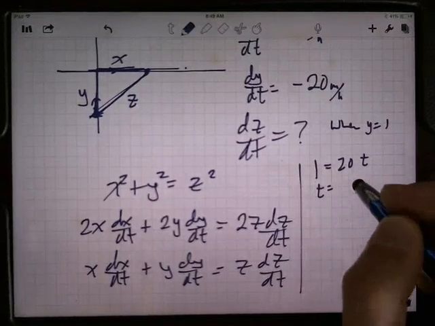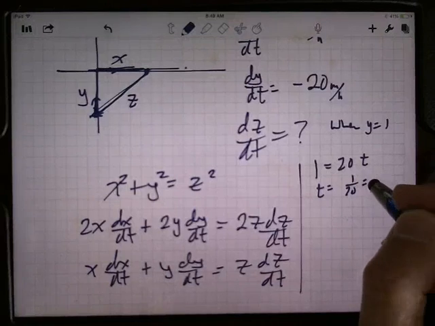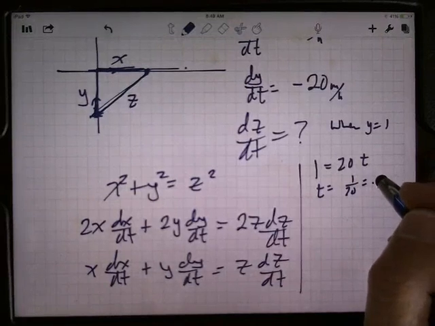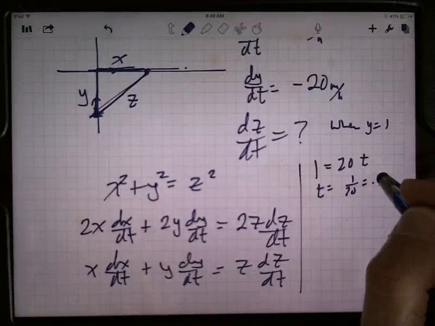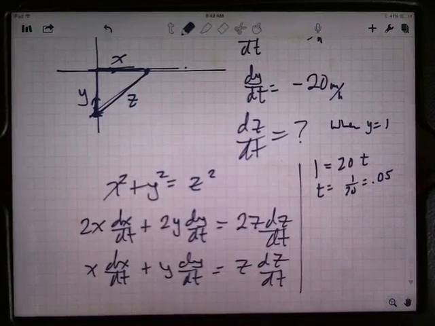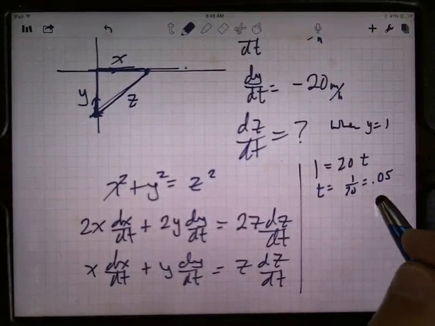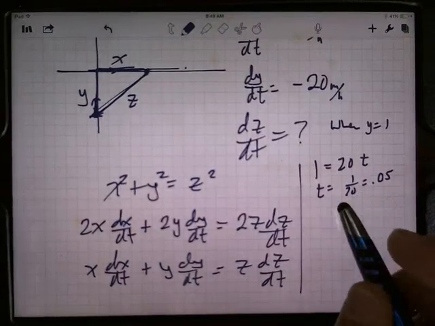So t is equal to 1 divided by 20, which is 0.05. I could just leave it as 1 divided by 20. It's 1/20th of an hour.